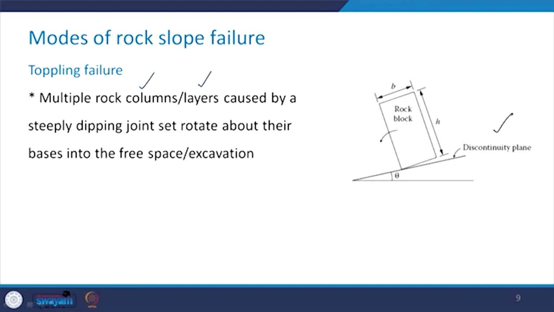Take a look at this figure: you have a discontinuity plane and this is a rock block which is steeply dipping, and if this rotates about its base, see, this is its base, and when it rotates about this base, there is a chance that the toppling of this block will take place. So, such type of failure falls under the category of toppling failure.